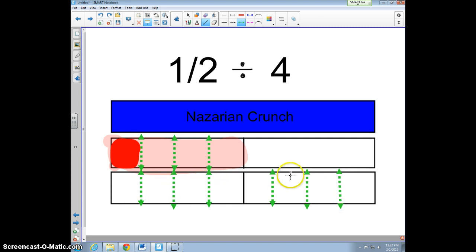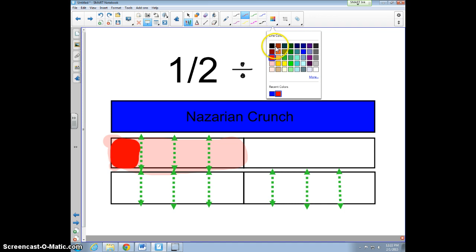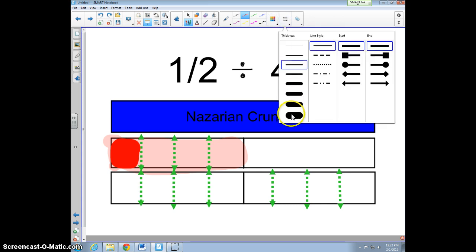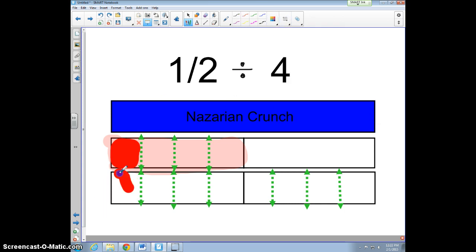So now as we look at this, we see, okay, we've divided this half into 4 equal pieces, and this half into 4 equal pieces. And remember that this section here represents one of the winners, how much of the candy bar they get. So we can see here that this section right here, which is the same size as all these sections because we've divided evenly, is 1 out of 1, 2, 3, 4, 5, 6, 7, 8.